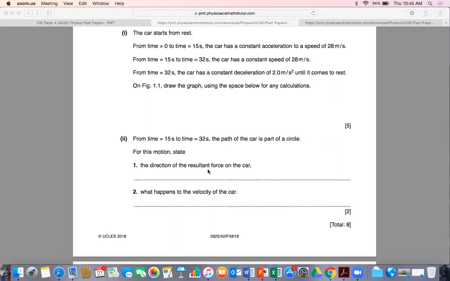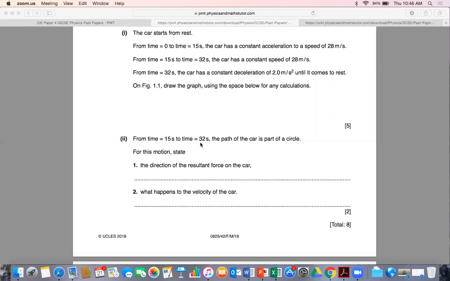Okay, and then what happens to the velocity of the car? So imagine a car going around the roundabout. The accelerator is being pressed and it's going around the roundabout. But it says that the speed is constant from 15 to 32. So what happened to the velocity there? Constant as well.